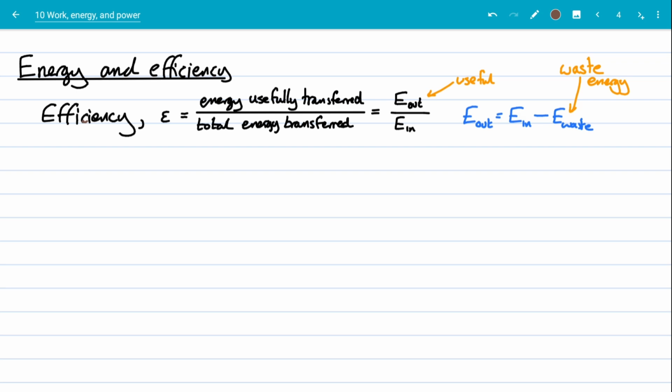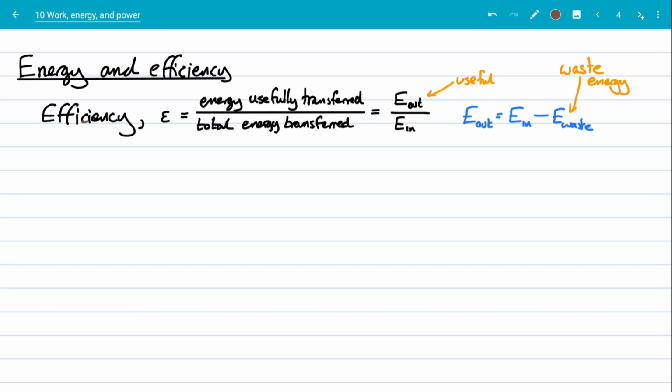So energy is going to be delivered into our machine by a current, and we'll calculate the power for that, which we talked about last lesson. But then there's going to be a rate that energy is being transferred in a wasteful way because of the motor turning and the heating of the various parts and so on.